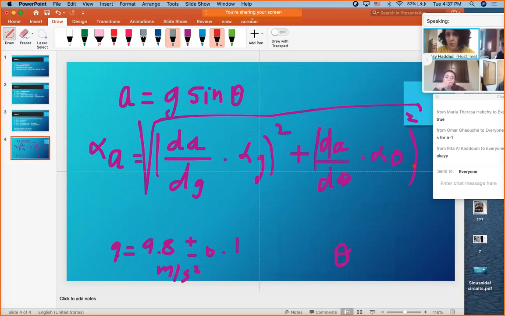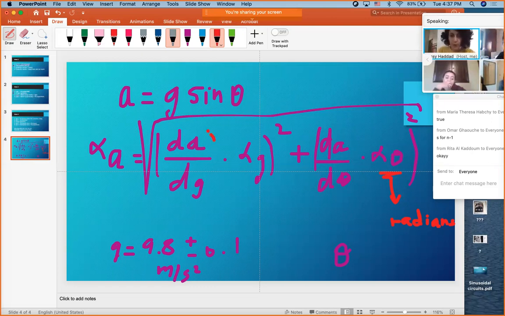Make sure you convert the uncertainty to radians because it's alone and degrees is not considered to be an SI unit. When you have sine theta or cosine theta, it's okay to keep theta in degrees because it's under the umbrella of the function sine or cosine. So it will not have any unit after you do the function. But alone, it cannot stay in degrees.